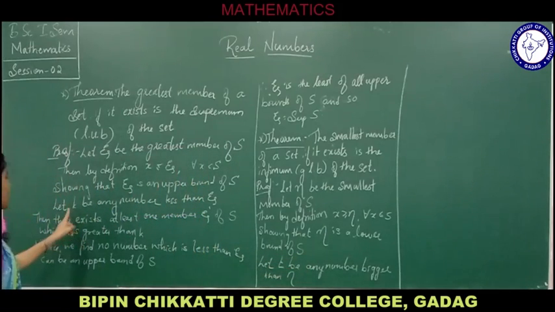Earlier, we considered a number less than the supremum.